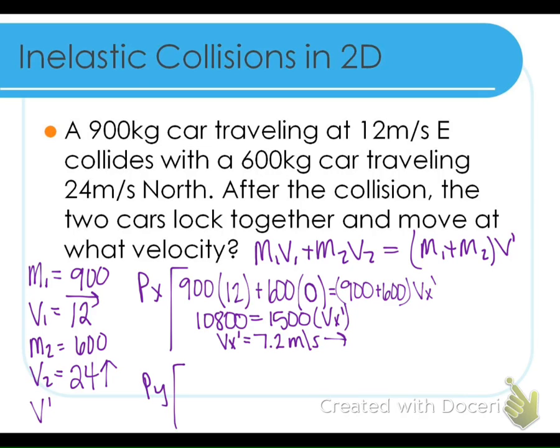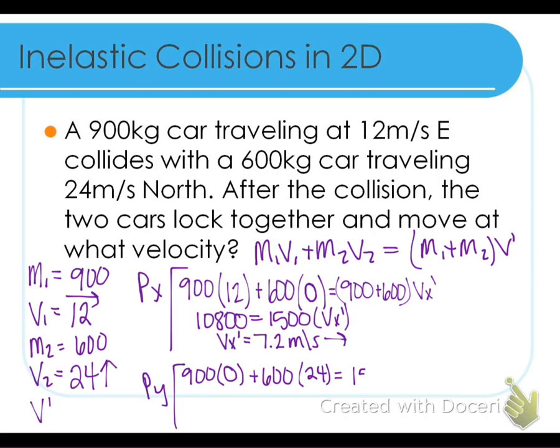Momentum in the y direction. Does our initial first object velocity have a y component? Nope, so that's going to be a 0. Now we get to plug in our 24, and since it's going north, it gets to be positive.